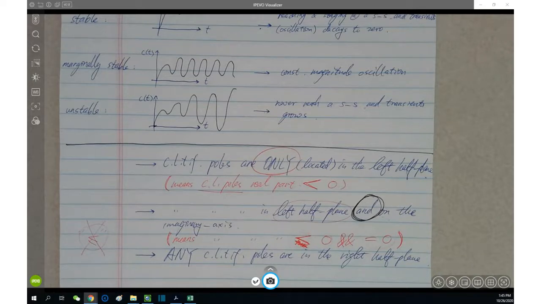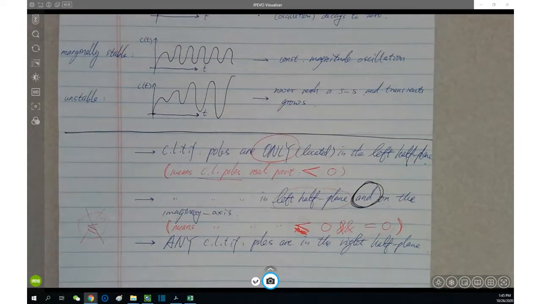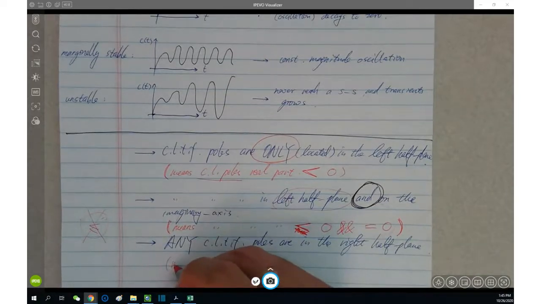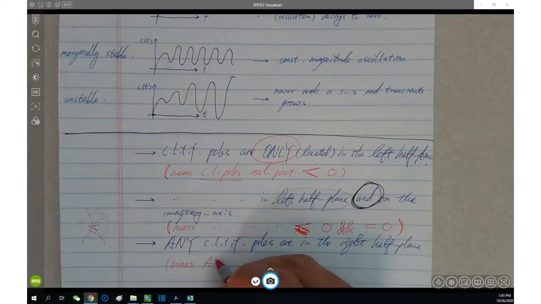Any feedback? If not, we can move on to the next case. Unstable. Unstable means what? Means any.